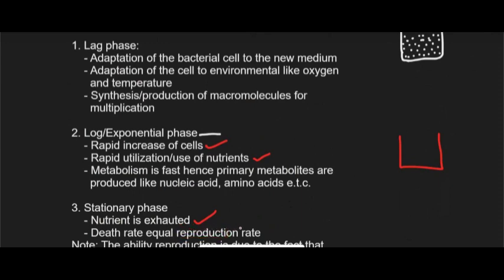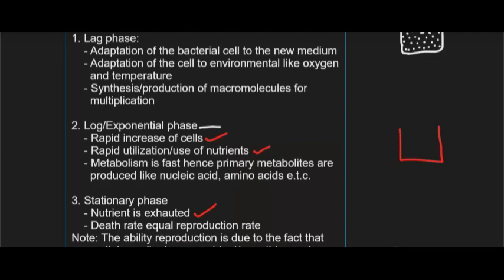Why is death rate equal to reproduction rate here? Because some cells that are dying would be producing certain metabolites, right? They will be producing nutrients for other cells that are alive. Those cells that are still alive are called the viable cells, and those cells that are dying are called the dead cells. Does that make sense?